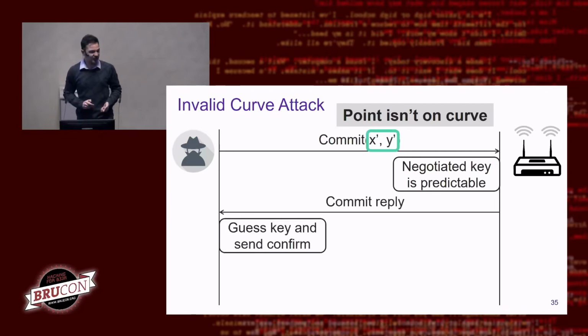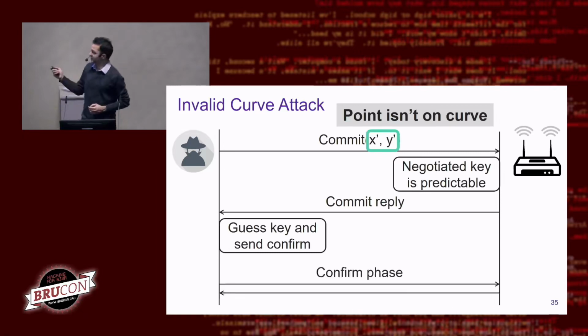It will simply reply using a commit. And then we, as an adversary, can guess the key that the access point calculated here. And we have a more than 60% chance of guessing this correctly. And then we can just continue the handshake as usual. And if we successfully guessed the key, then we effectively completely bypassed authentication. Meaning we can log in under any username, or with WPA3 we can just access the network without knowing the password.